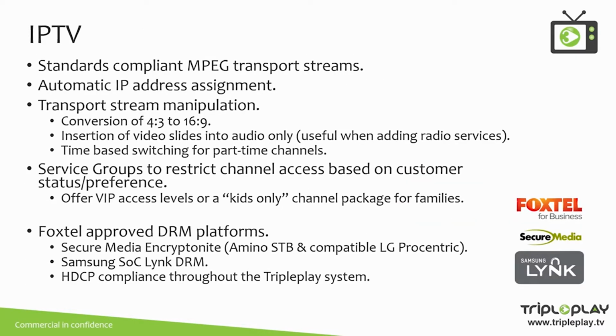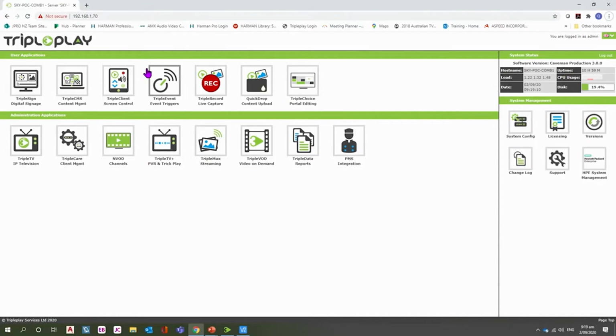I'm going to do a little bit of switching back and forth between PowerPoint and the Tripleplay server, as I don't want to bore you completely with PowerPoint. So just before we carry on with this particular slide, I'll flick over to the dashboard, and this is the Tripleplay dashboard.